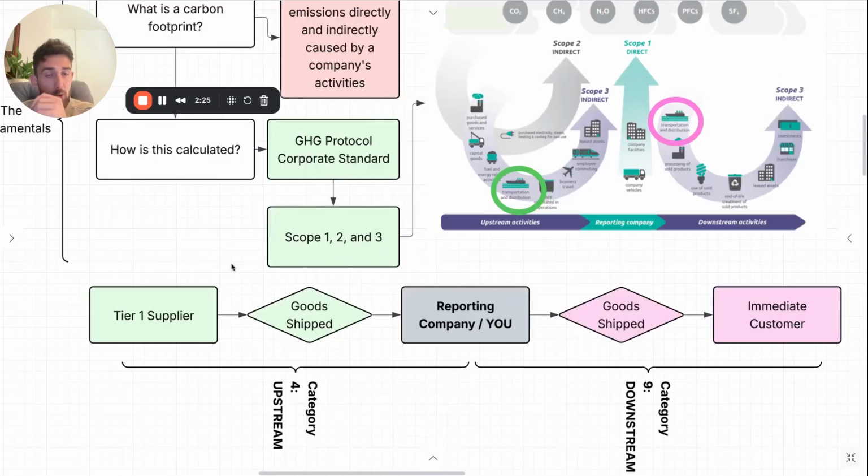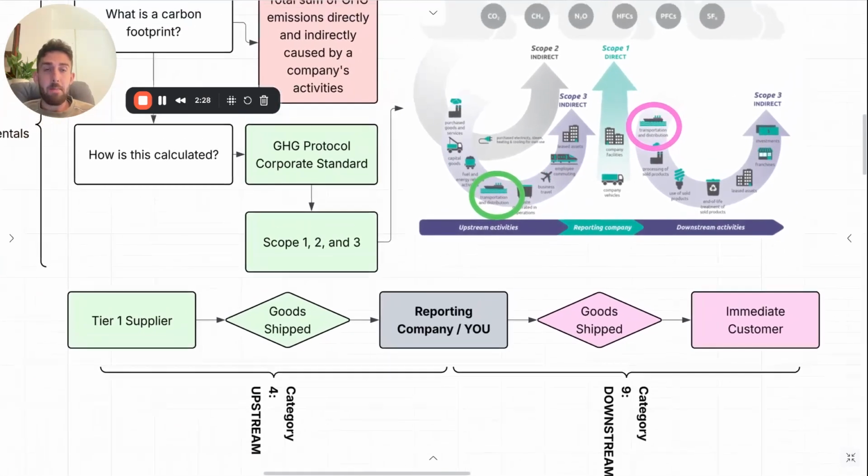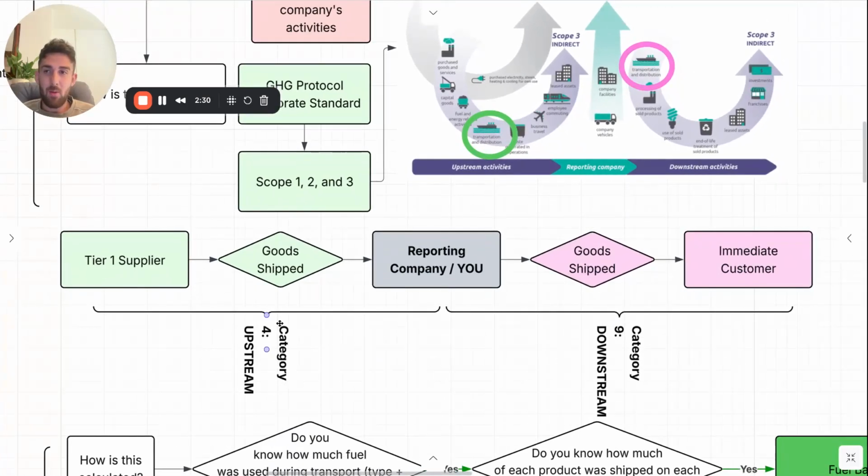So we've covered what Scope 3 emissions are and where inbound and outbound sit into this, but actually again, let's go into a bit more detail. What does this really mean? So inbound deliveries under the GHG protocol is goods shipped in from your tier 1 suppliers into your warehouse, or for example, pharmaceutical companies may be holding their goods at licensed warehouses.